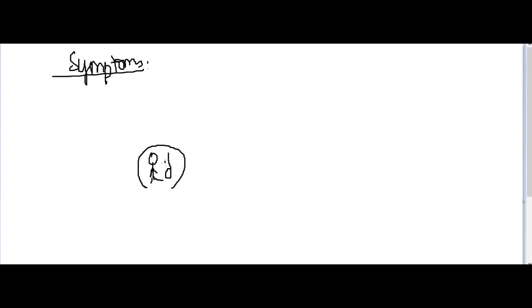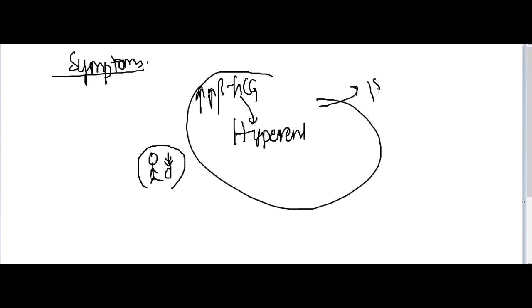Because there are two babies in the uterus, obviously all the symptoms will be more, and there is increased beta HCG. Because there is increased beta HCG, this will lead to hyperemesis, that is increased vomiting, which can cause hyperemesis gravidarum, and that is the major symptom seen in the first trimester.